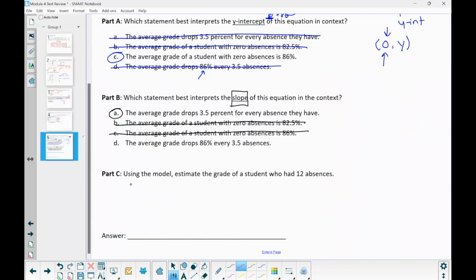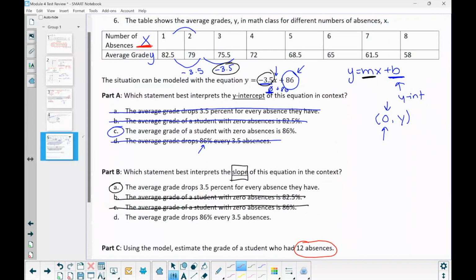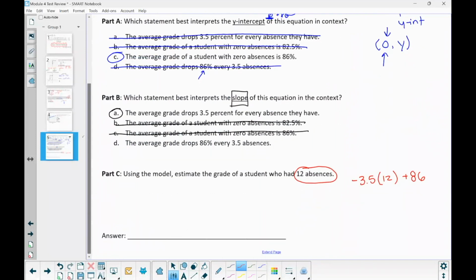So we want to know, using the model, estimate the total grade of a student who had 12 absences. So I know absences is represented by x, and I have an equation. So I can just substitute my x for 12: negative 3.5 times 12 plus 86 to get our answer.